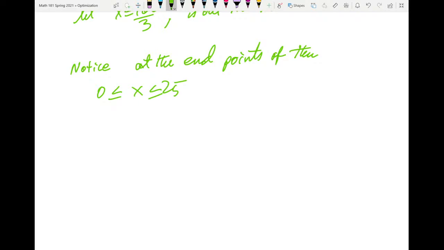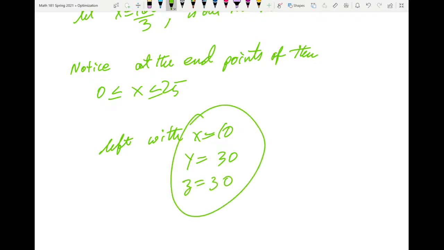So we are left with x is 10, and the moment we have x is 10, y is 30, and z is 30, and that's the dimension.